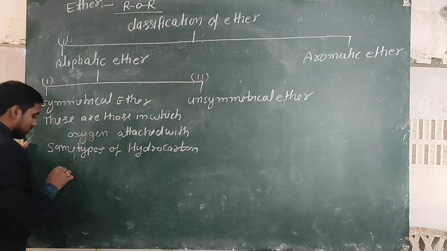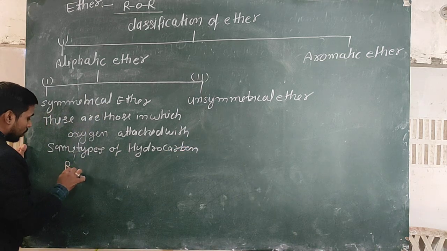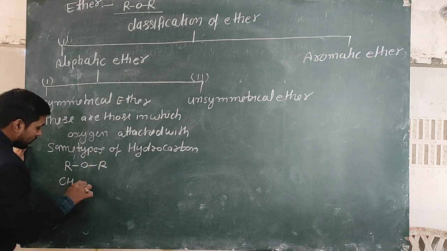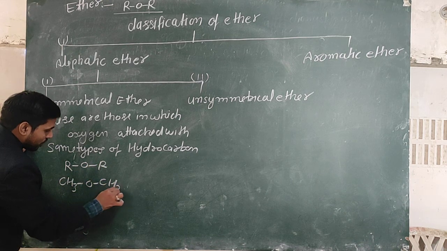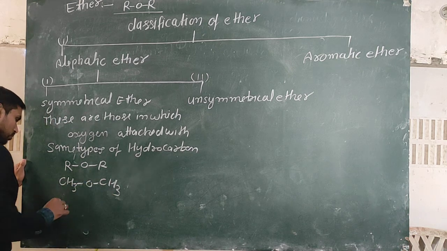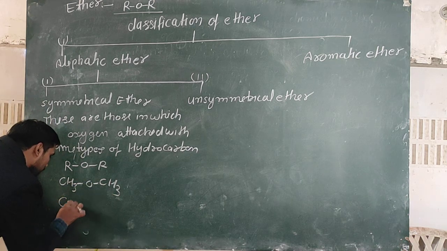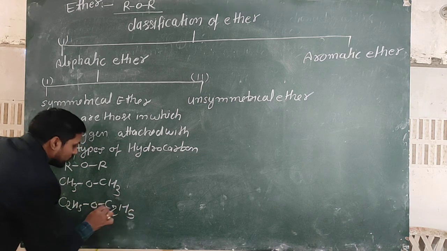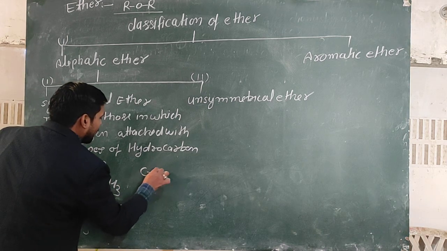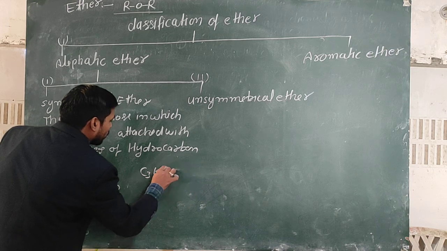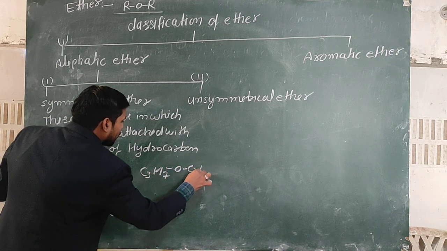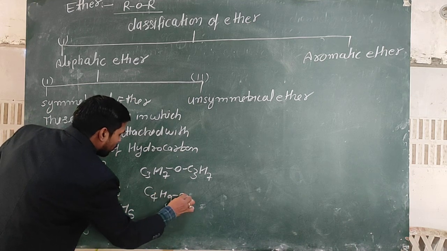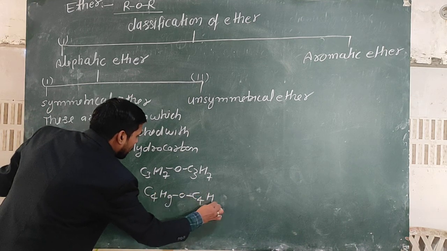Okay, for example ROR, like CH3OCH3, dimethyl ether, like C2H5OC2H5, like C3H7OC3H7, C4H9OC4H9.